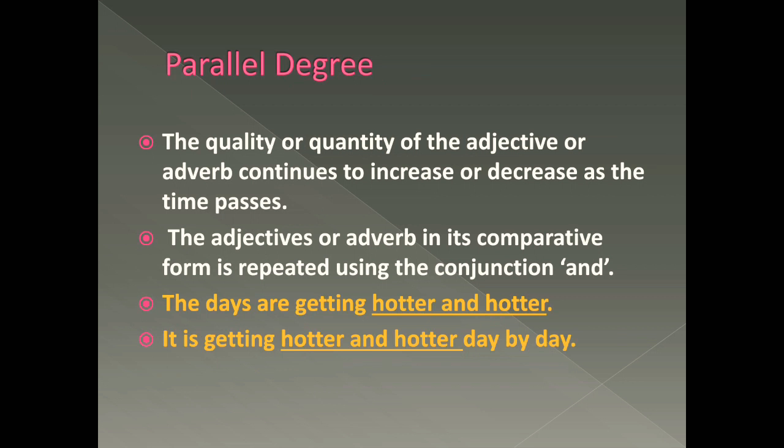For example, the days are getting hotter and hotter. Here we can see that we have repeated the word hotter. Next, it is getting hotter and hotter day by day. Here also we have repeated the word hotter twice and connected it with and.